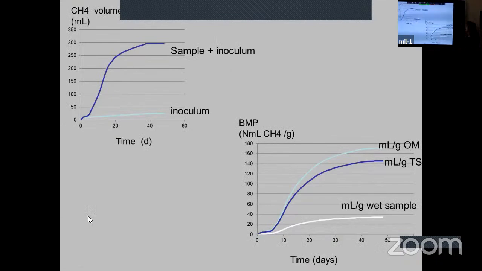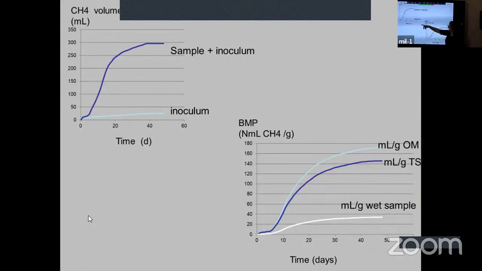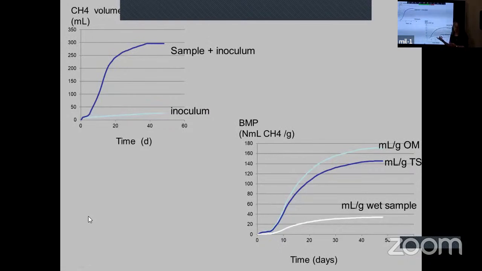And here are the curves we can obtain. In the first one, you draw the methane volume in milliliters as a function of time. This is the bottle containing the sample and the inoculum. You should also make a control bottle with only inoculum, because it always has some endogenous methane production.